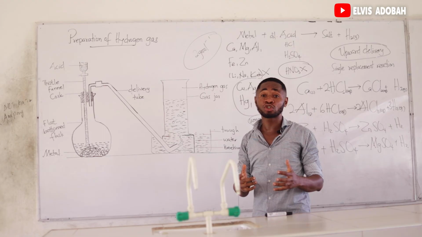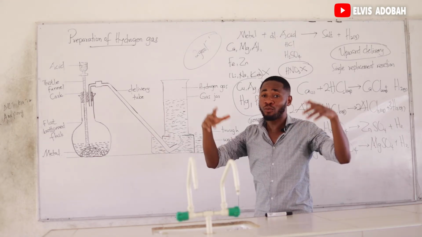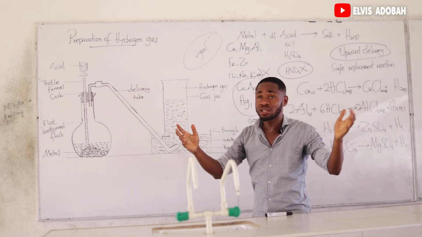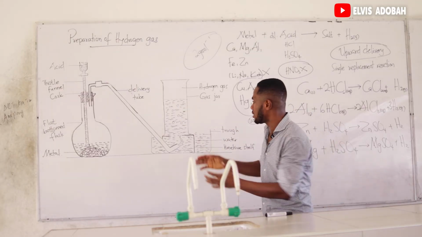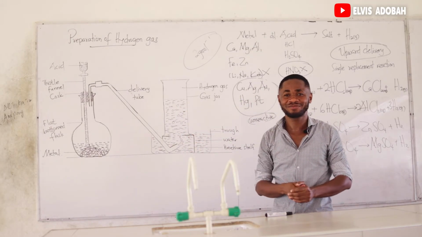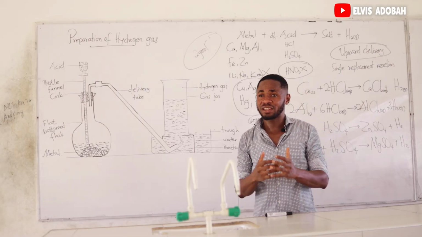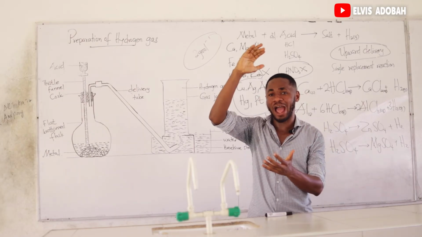So that is the mode of collection of the gas, upward delivery. And the reason, it is because hydrogen gas is lighter than water. So definitely the hydrogen gas will go up.